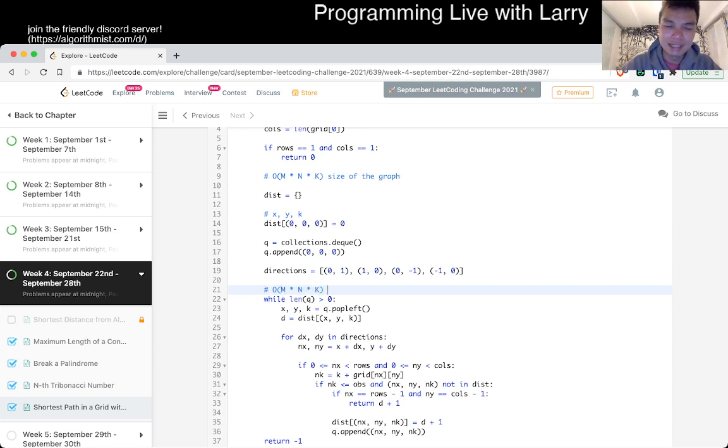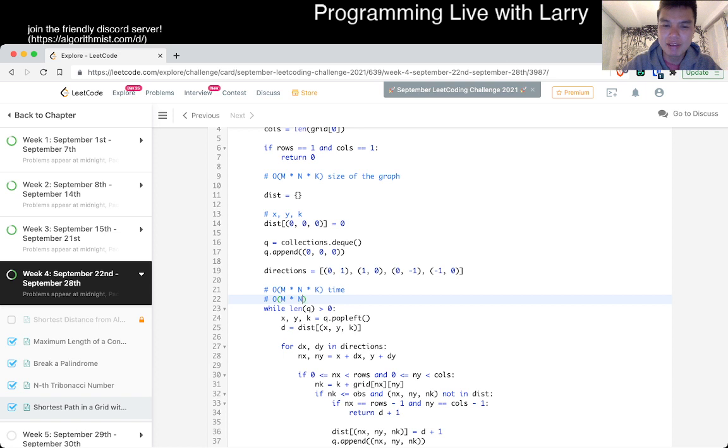In terms of space, that's also kind of the upper bound, because we put everything in the queue and the distance, but like I said, most of them are not reachable, which is why we use a dictionary here so that we don't have to pay the cost of all the memory. I don't know if it's good, but yeah.